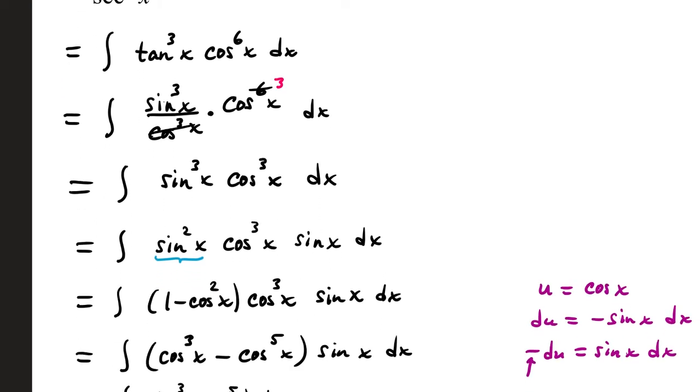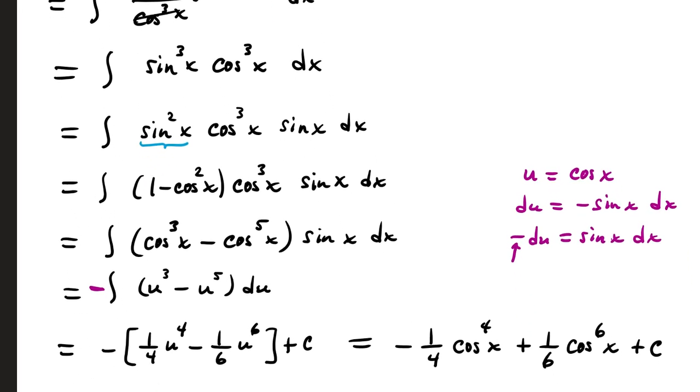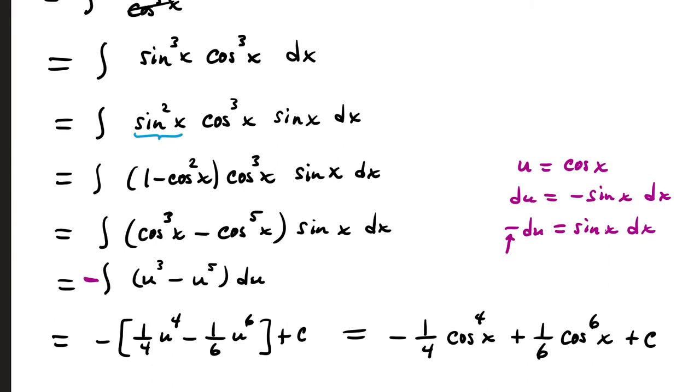And that gives us the ability to choose a substitution. Specifically, if we let u be cosine of x, its derivative is negative sine x dx, multiplying both sides by a negative. That tells us that sine x dx can be replaced with a negative du.